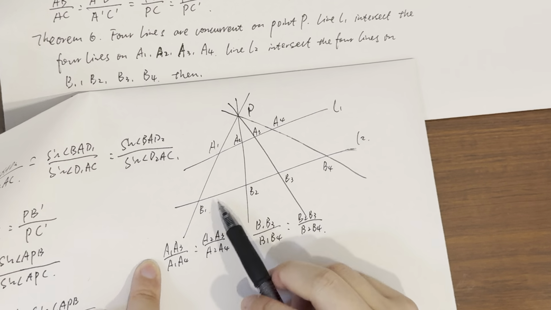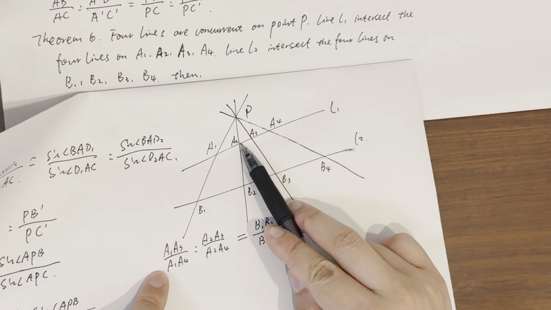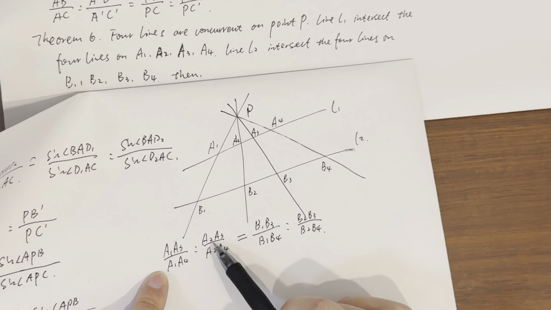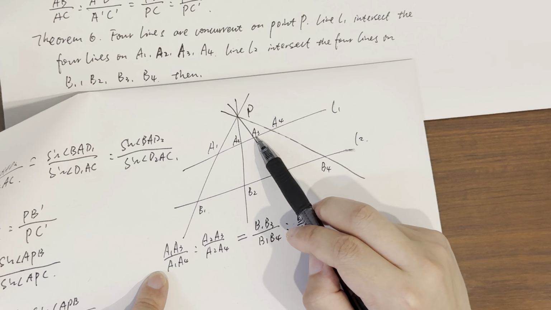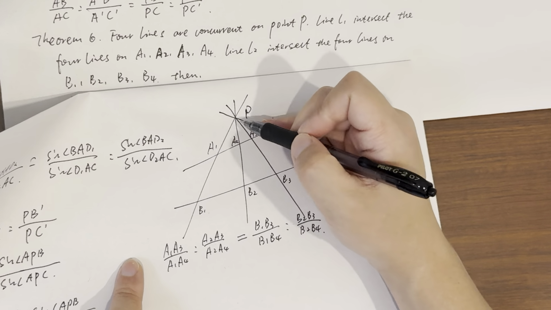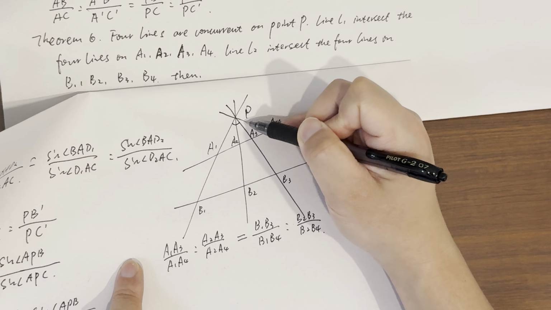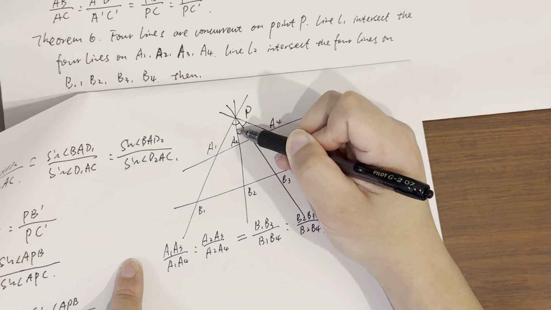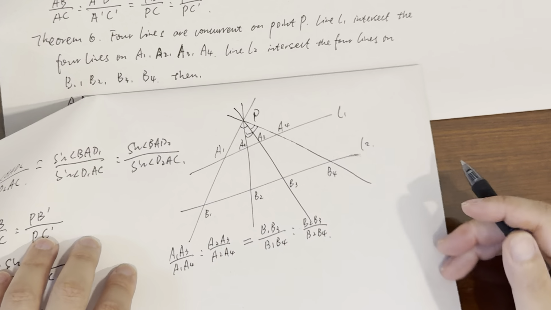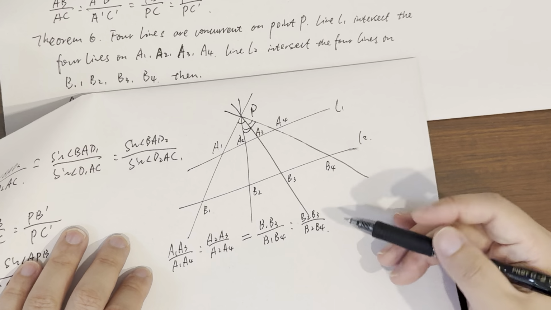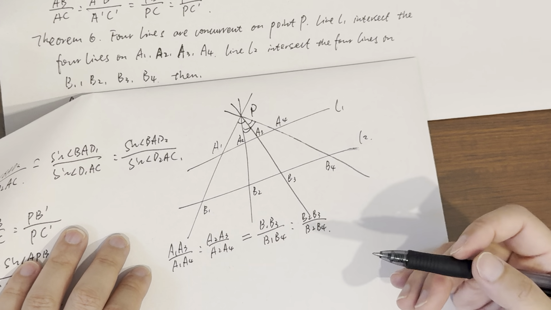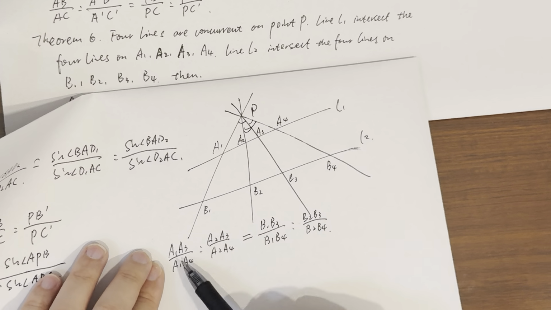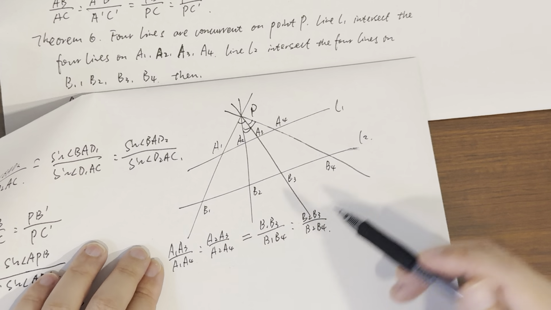So think about this. What is A1A3 to A1A4? Eventually we have this two ratio, right? And eventually this one, A2A3 to A2A4. That eventually becomes a sine angle of this one to sine angle of this one divided by sine angle of this one to sine angle of this one. Nothing else changed, right? Which means you can actually use your own arbitrary ratio, which just keeps these the same order or same form.